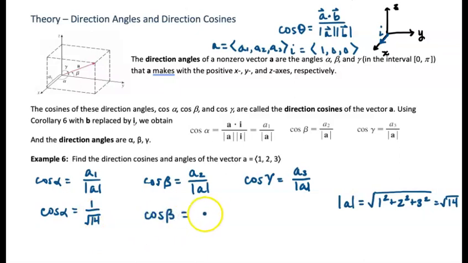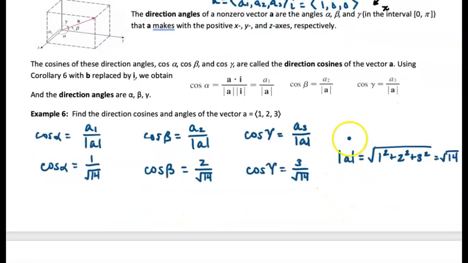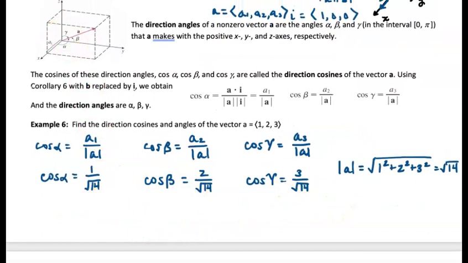The directional cosine of beta is going to be the second component divided by the magnitude of A. And the directional cosine of gamma is going to be the third component, again divided by the magnitude of A. All right, so these are our directional cosines.